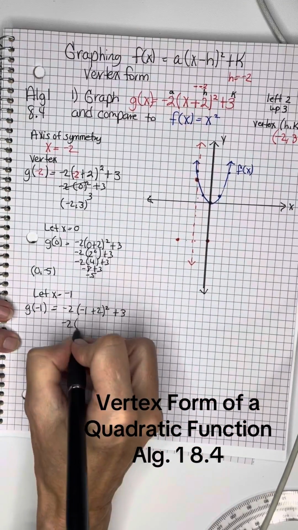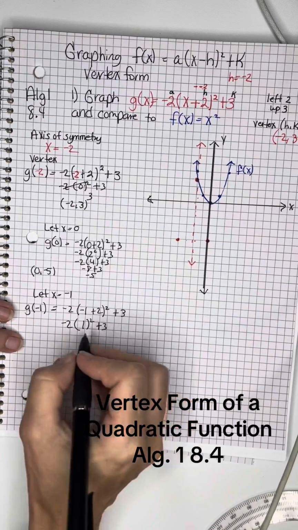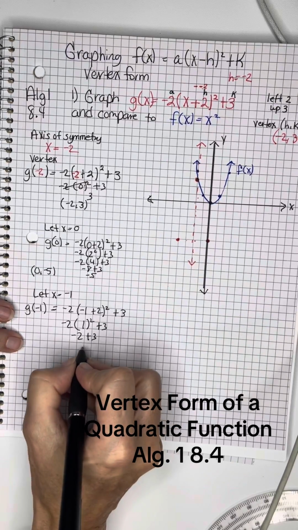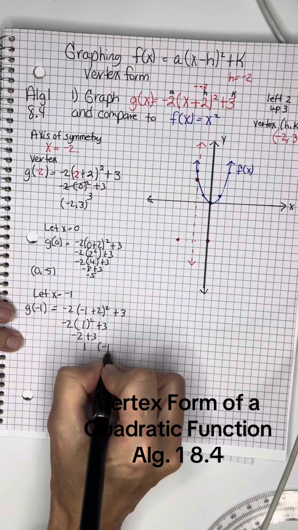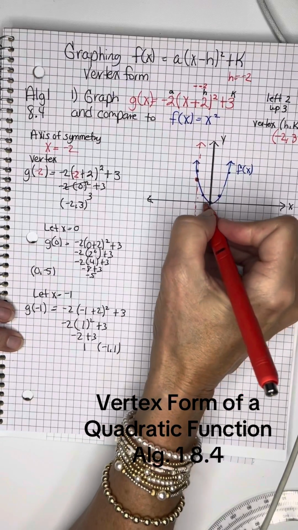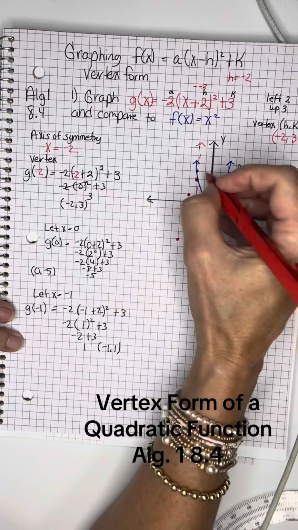So negative 2, negative 1 plus 2 is 1 squared plus 3. So 1 squared is 1, so I have negative 2 plus 3. Negative 2 plus 3 is 1, so I have the ordered pair negative 1, 1 to graph. So left 1 and up 1 would be here. And then there's a point here.